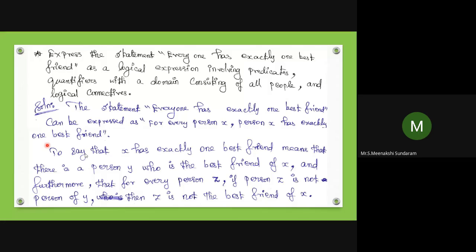To say the above statement, how can we write it? X has exactly one best friend means that there is a person Y who is the best friend of X. Suppose, as I told you A and B, here I can take them as X and Y. So there is a person Y who is the best friend of X. And furthermore, for every person Z, a third person, like A, B, C: A is the best friend of B and C is not a best friend of A. For every person Z, if Z is not the person Y, that is the main thing, Y and Z are not the same, then Z is not the best friend of X. And X has exactly one best friend.